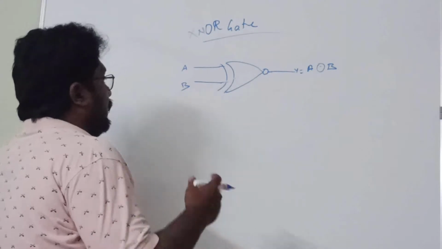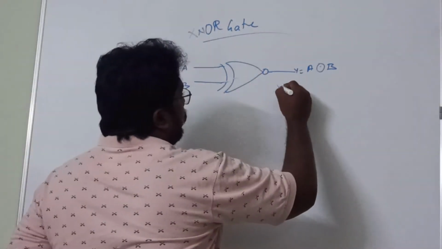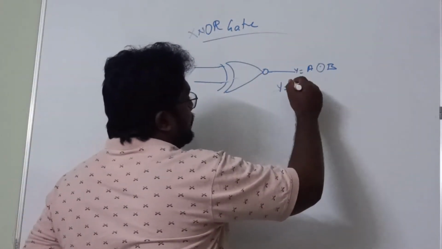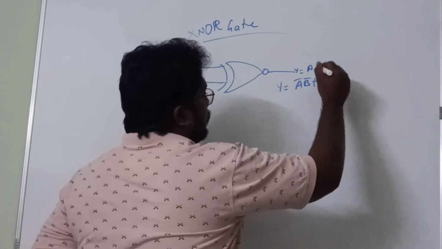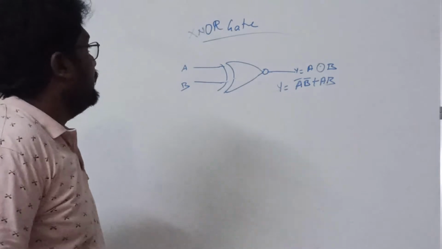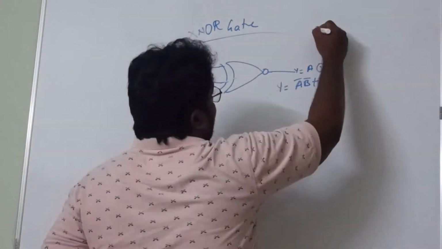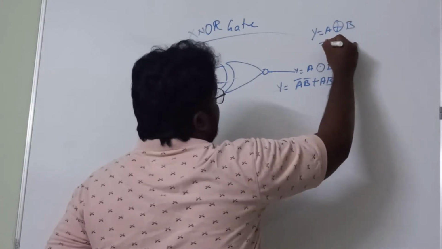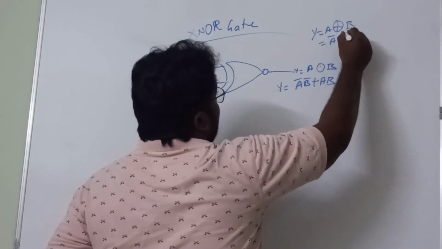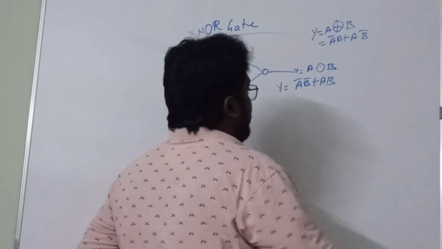So for the XNOR gate, Y is equal to A XNOR B, which is nothing but A complement B complement plus AB. In the previous one, for XOR gate I have taken Y is equal to A XOR B. So it will become A complement B plus AB complement.